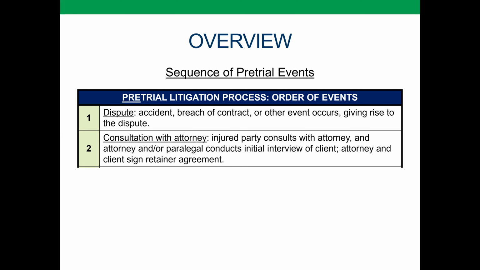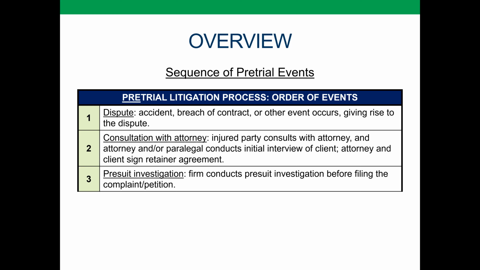And if the attorney agrees to take the case and the client agrees to hire the attorney, then the attorney and client will both sign the retainer agreement, which is the agreement that will lay out the fee structure, the terms of the representation, the scope of the representation, and so forth. Now, as I mentioned, sometimes the firm will need to conduct some additional pre-suit investigation to make sure that the firm has enough facts to be able to prepare the first document that will be filed to initiate the lawsuit.